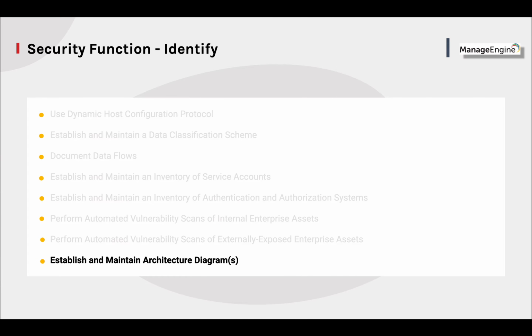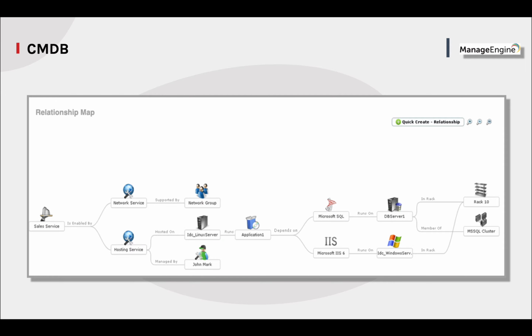Establishing and maintaining architectural diagrams. This can be achieved manually or through automated scan. So here we'll be discussing 3 products: Asset Explorer, Op Manager, and Applications Manager.